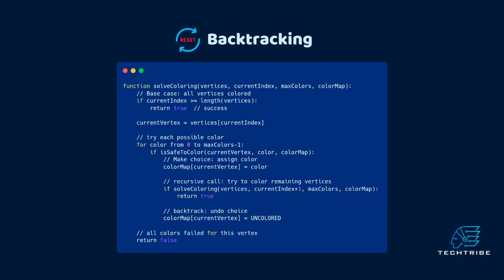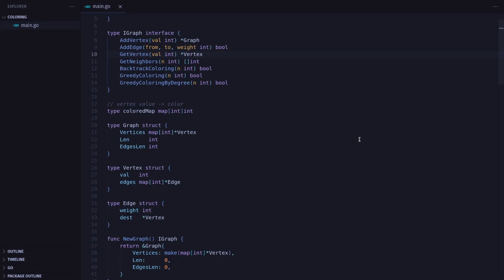So let's implement this in code in Go and see how it works. Just to give a little overview on the graph: I'm not implementing the graph again because we did that in the past video. However, I'm going to explain a little bit about how this structure works. That's an adjacency list style.